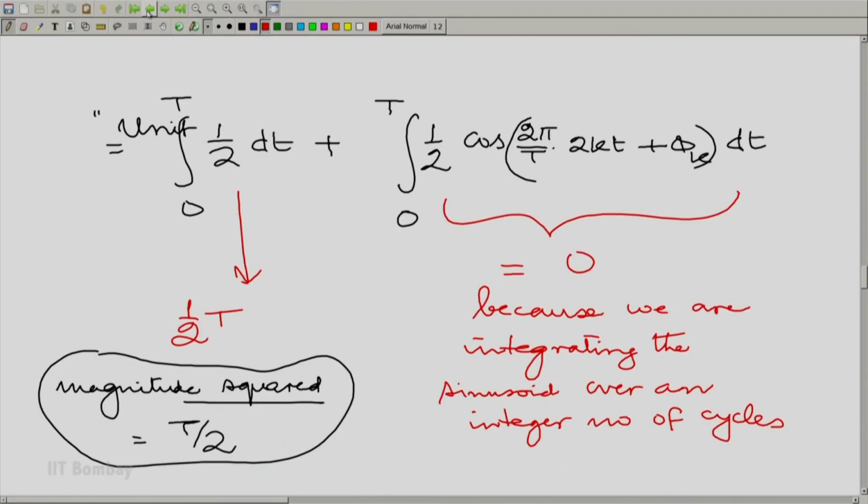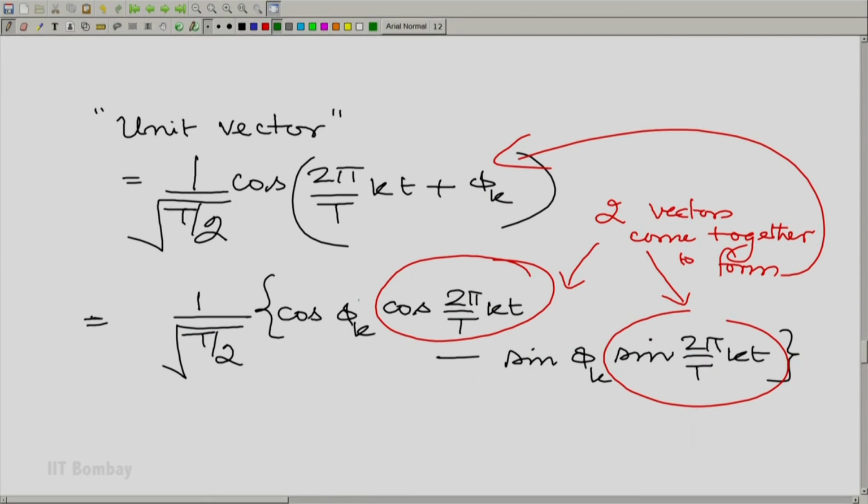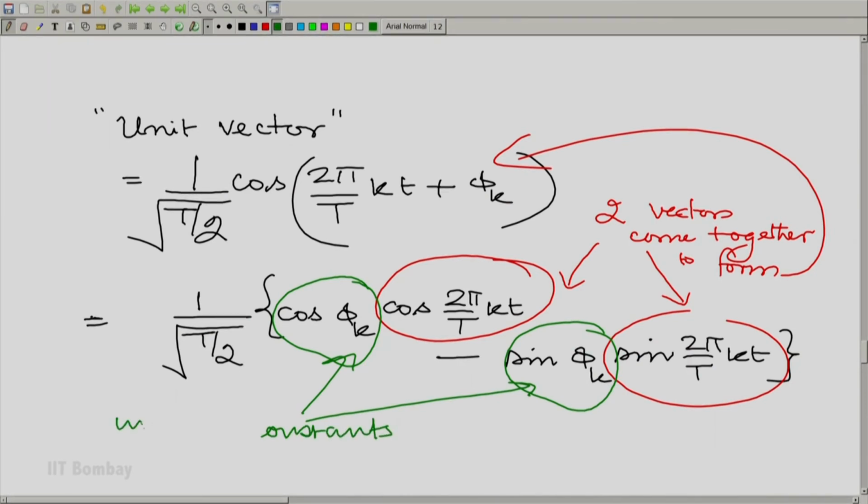And now, if you go back to the expression that we had here, cos phi k and sine phi k are essentially constants now, unknown constants if you like. All that I need to do is think of the problem of decomposing x(t) into its component along this particular angular frequency as two problems: decomposing it into the component along cos and the component along sine.